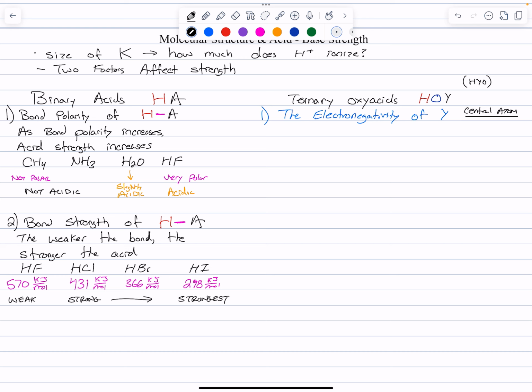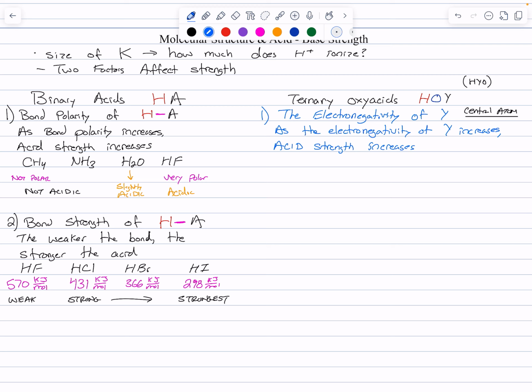Right, the central atom. That's what we're worried about here, right? So as the electronegativity of Y increases, all right, acid strength increases.